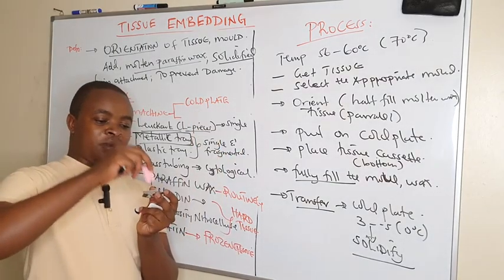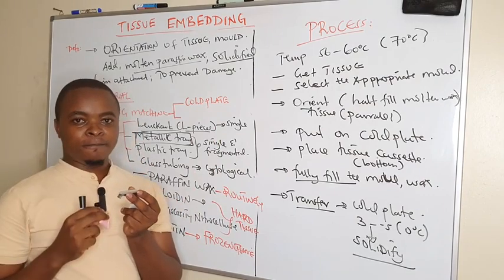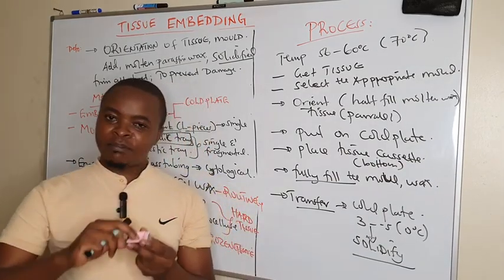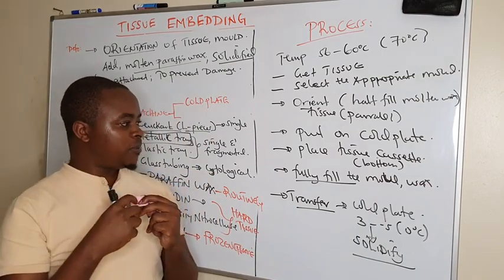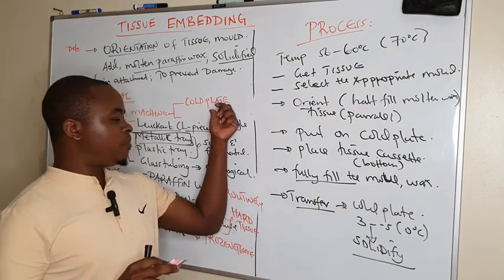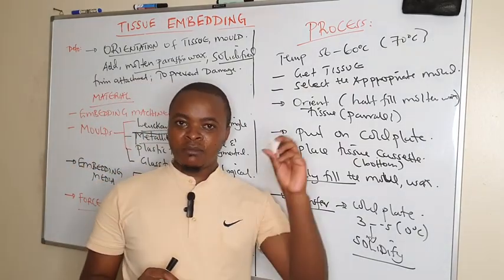Then you firmly orient the tissue to make sure it is parallel to the mold. Then we add the cassette, which is already labeled. After adding the cassette, we fully fill with molten paraffin wax. And after filling it, we transfer it to the cold plate so that it can solidify.